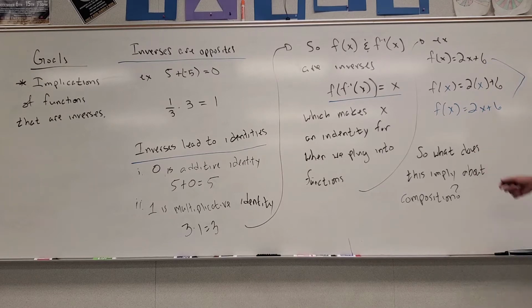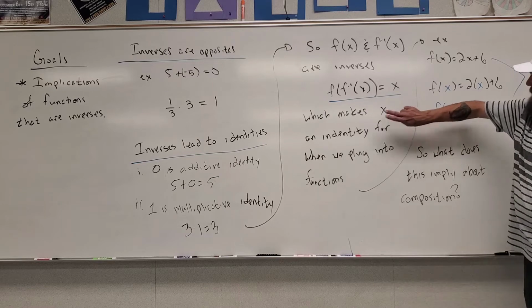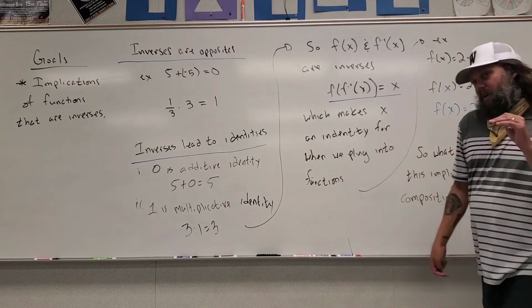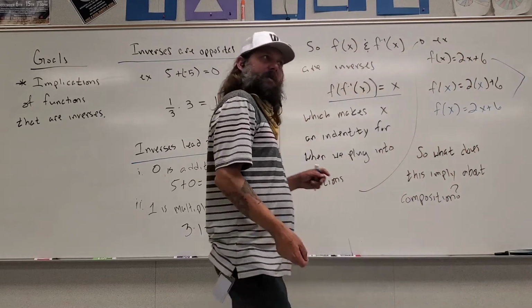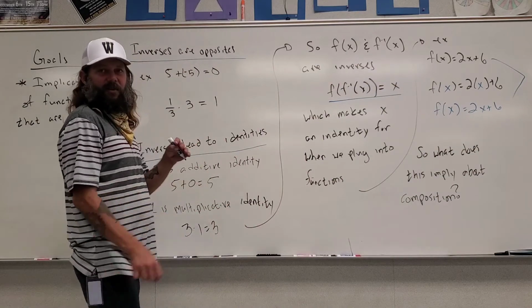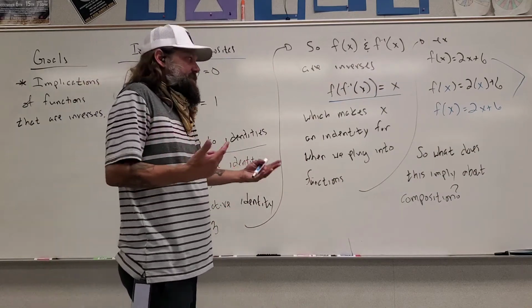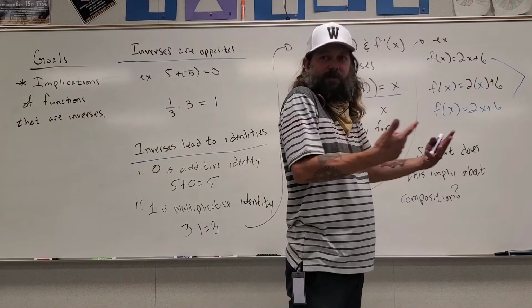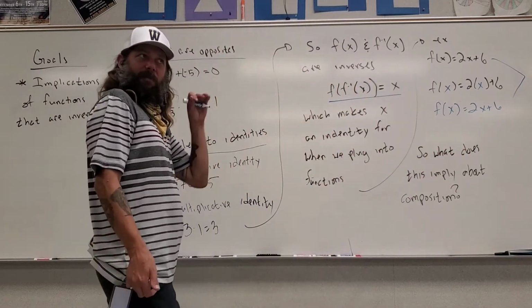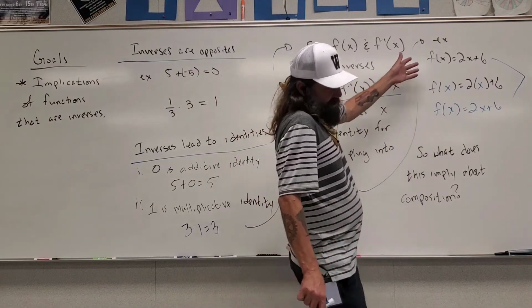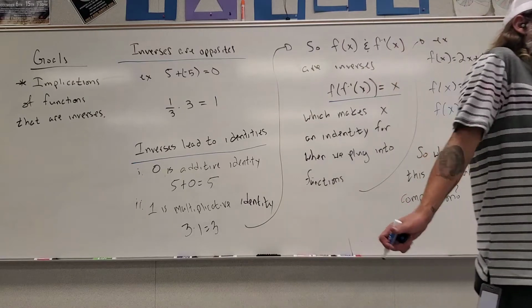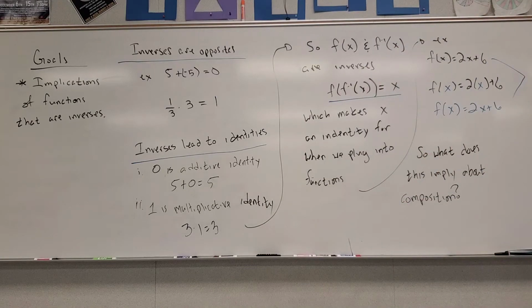So this validates that x must be the identity for when we plug in the function. Right? X is the identity for composition. X is a function by itself. Right? F of x equals x is a function. So whenever I plug x into a function, I should get the same thing back, which actually makes a lot of sense, because I'm replacing x with an x, so I really didn't change anything.